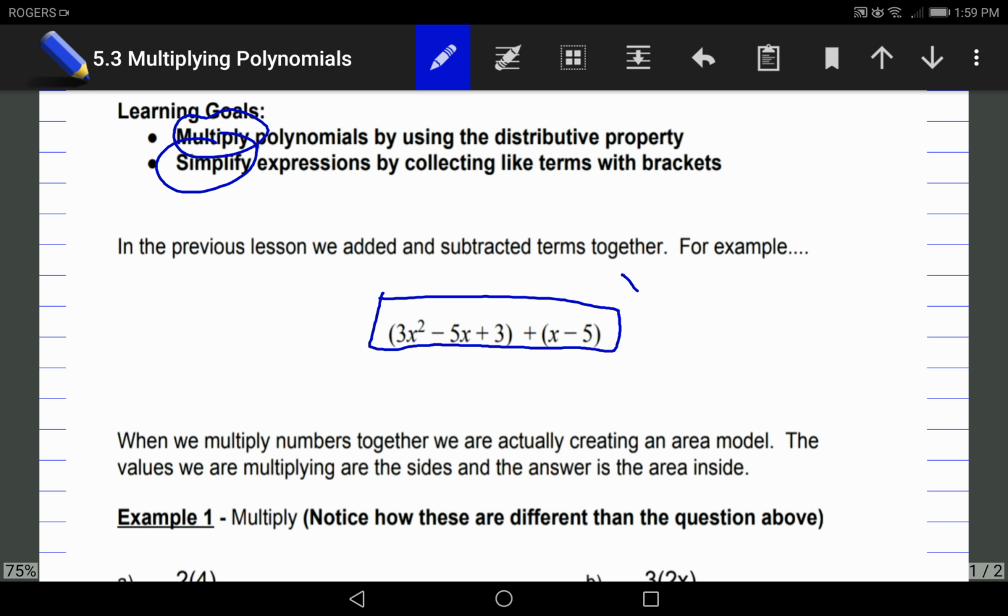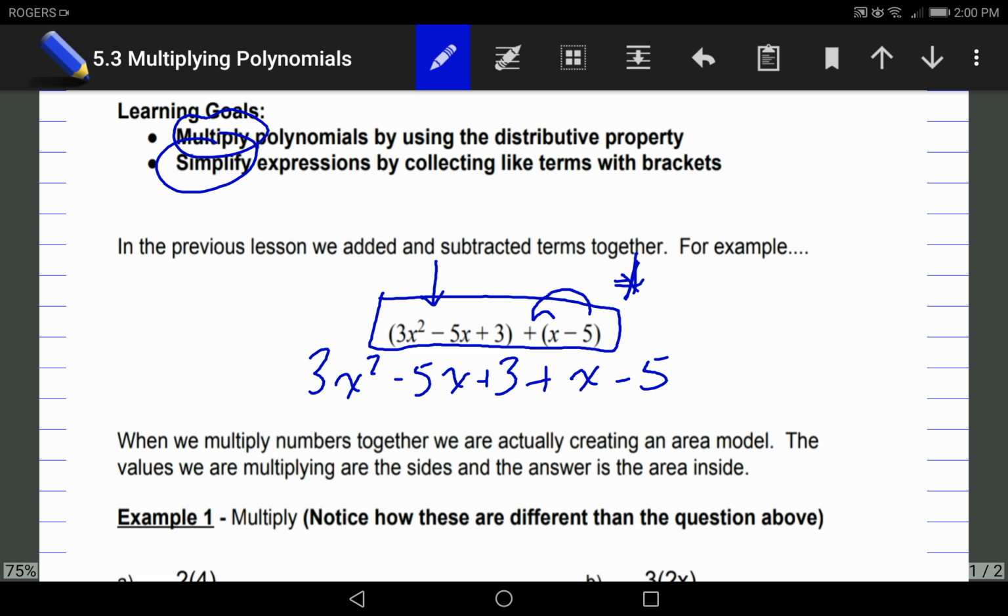This is something we did in the previous lesson. If I were to quickly answer this, I would drop the brackets on this first expression. And then to drop the brackets in the second expression, I would distribute my plus sign with the x. So I get plus x and then plus negative 5, which I know when I have a plus and a negative side by side, becomes minus 5. Drop all your brackets, distribute your positive sign through the second set of brackets, and now collect like terms.